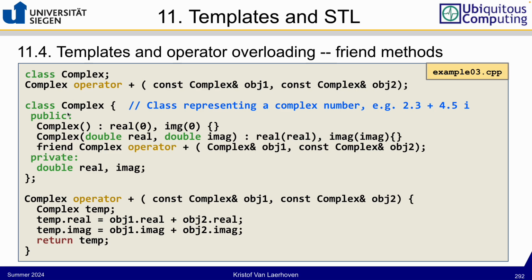And as public services, you can either create a complex object and then immediately have the real and imaginary initialized as 0, and nicer would be 0.0, 0.0 here, or you immediately provide the real and imaginary numbers here and assign those. And you then tell that this plus operator does not belong to the class, it's a friend.